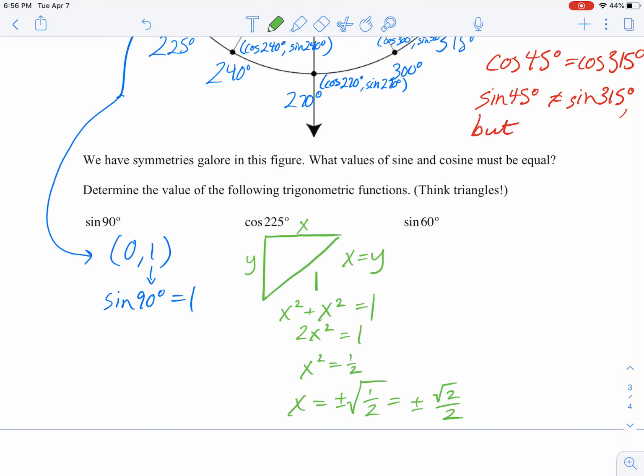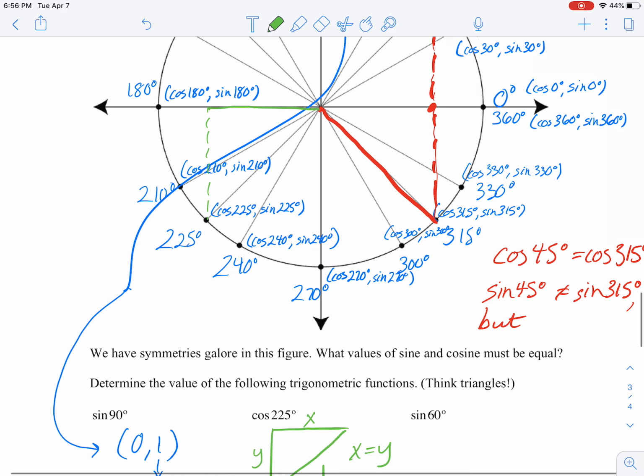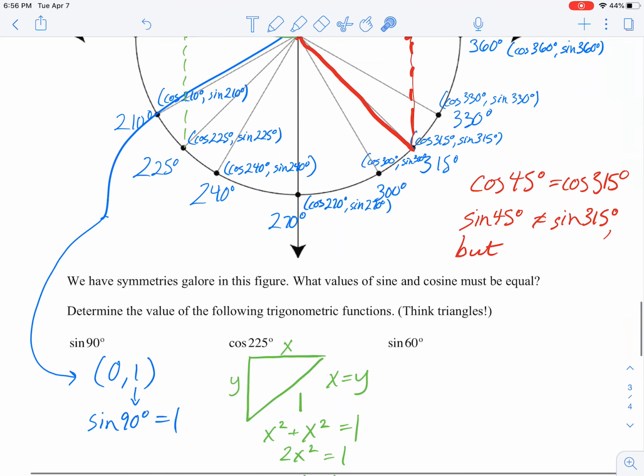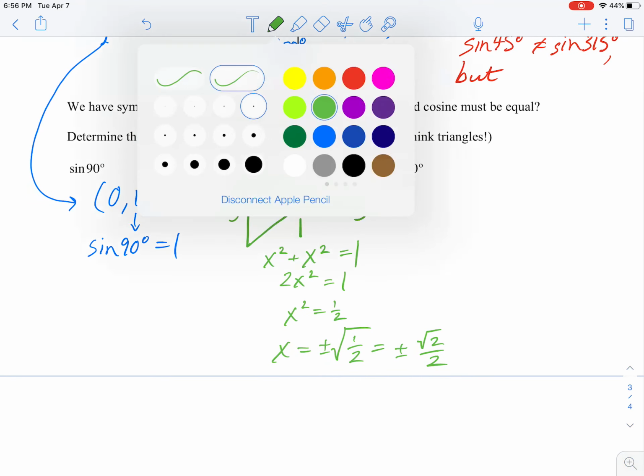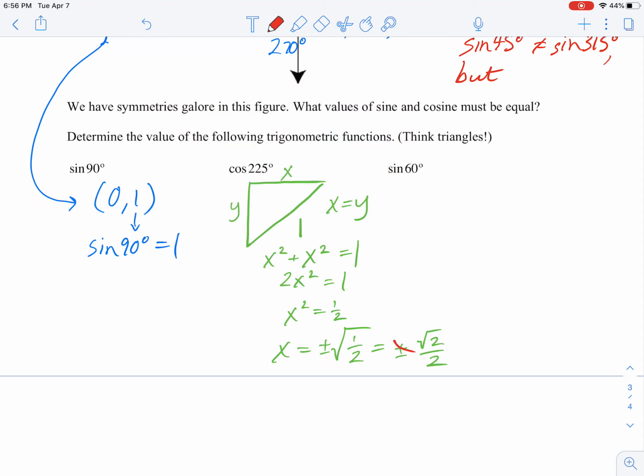Well, Mr. Vish thinks we should have a negative because the leg of this triangle was actually a distance measured out on the x-axis, and it's on the negative x-axis. So we in fact need to use the negative version here. So our final answer is that x equals negative root 2 over 2.